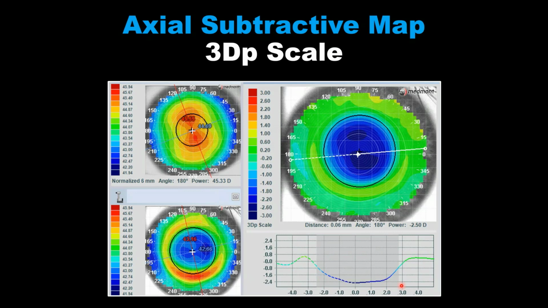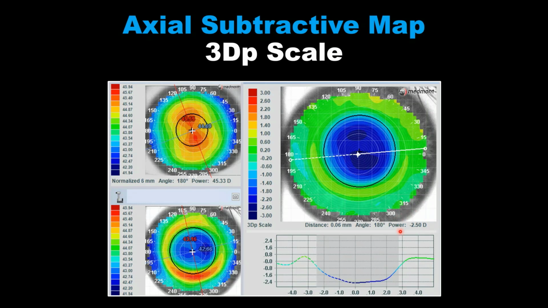For this patient, a 3 diopter scale really gives you an understanding of the peaks of that myopic shift, that we have this high point of effect, this high point of effect. We can say that the blue treatment zone is well centered to the pupil. When we click our cursor on the visual axis, on the patient's fixation point, we compare the radius of the eye before ortho-K to the radius of the eye after ortho-K.